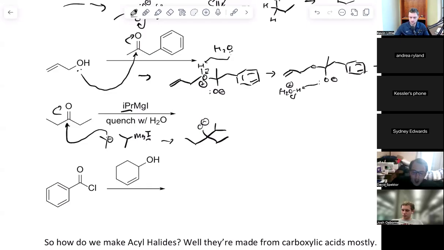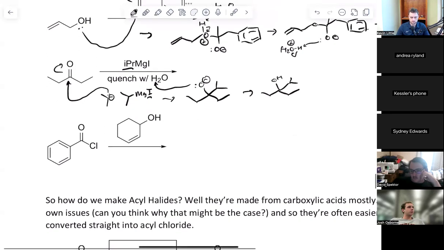We get this. I broke a carbonyl. Can it reform? In this case, it can't. There's no leaving group. And so it satisfies the negative charge by taking a proton. We're here. I've got the nucleophile. I've got an electrophile. Nucleophile adds into electrophile. Kick up the carbonyl.